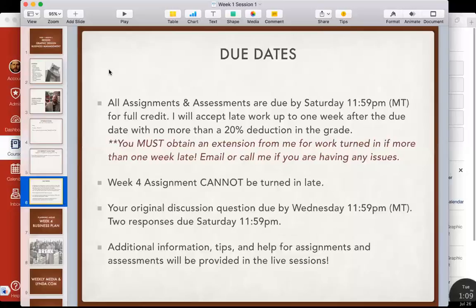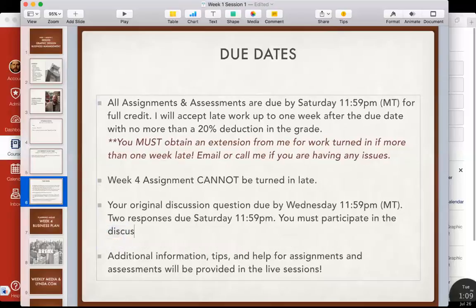As far as discussions, the initial discussion post, your answer to the discussion prompt, needs to be in by Wednesday at 11:59 p.m. And then you need to have at least 2 responses to your fellow classmates in by Saturday at 11:59 p.m. And there's one other rule with the discussion. Let's add it right here. You must participate in the discussions on more than 1 day each week.